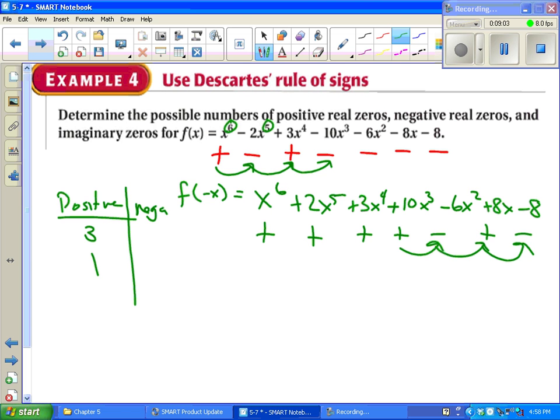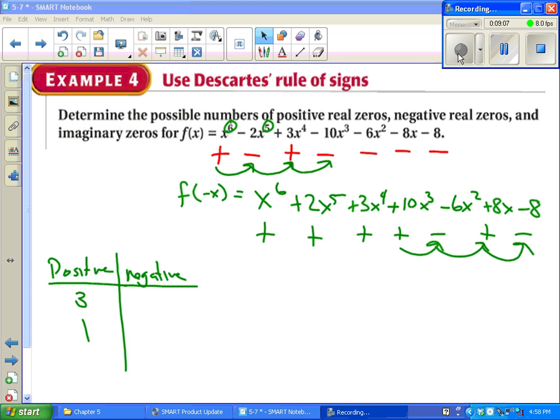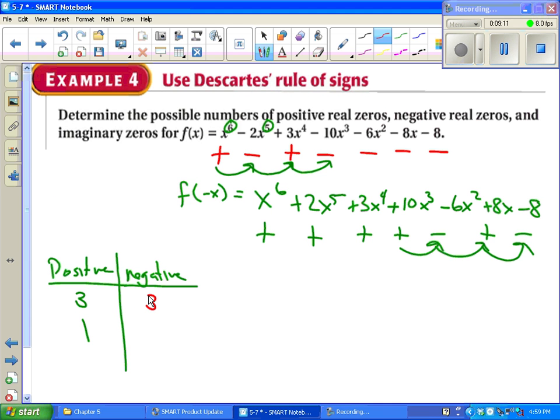So I could have up to 3 negative zeros, which would leave complex zeros, meaning imaginary, to 0. We couldn't have any in this case. Why? Because the original function was to the 6th power.